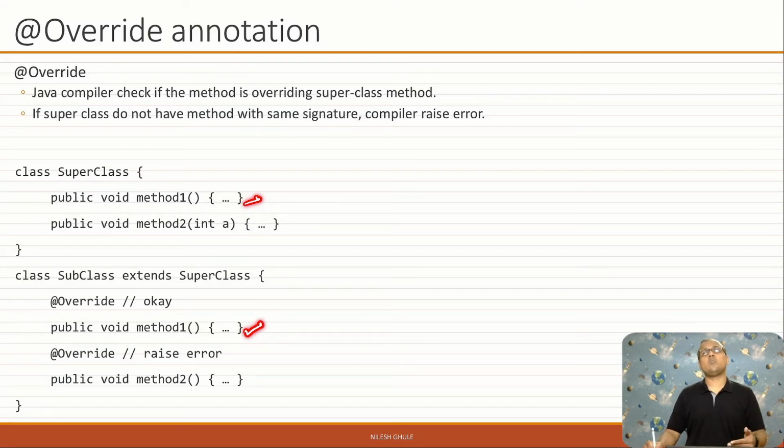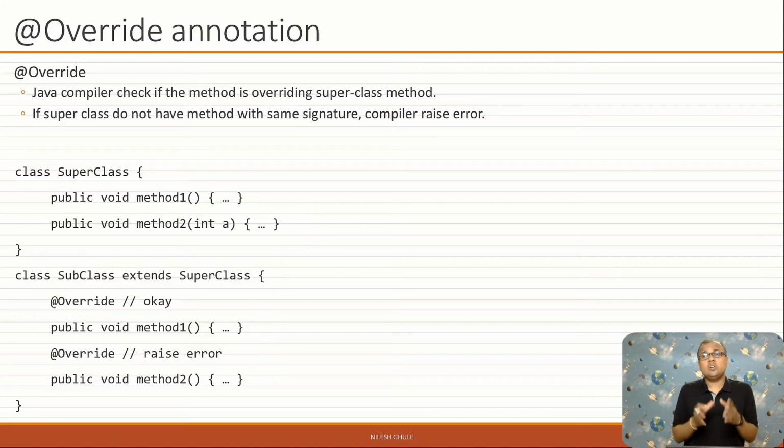This is method overriding and accepted by the compiler. However, the method signature of method 2 in the subclass does not match the method signature of the same method in the superclass. Here, the Java compiler will raise an error.